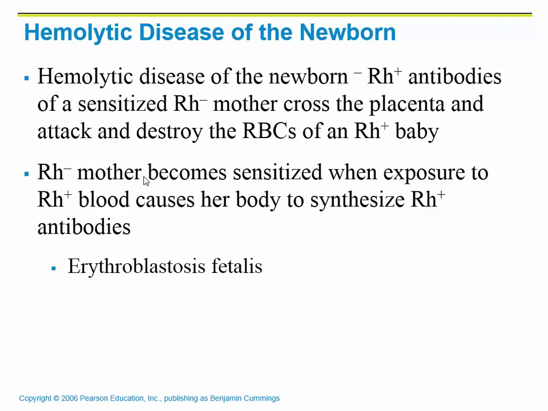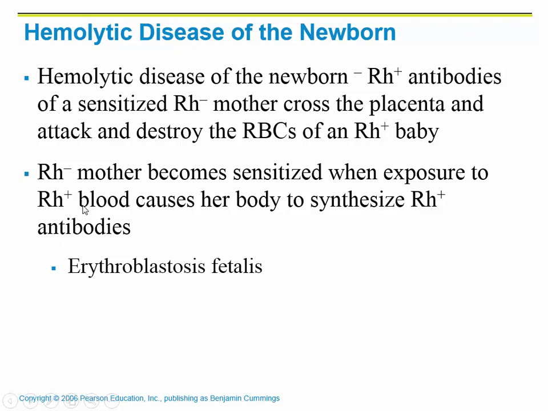There's always going to be some blood exchange between the fetus and the mom. The mother will produce antibodies, anti-Rh antibodies, so they don't like the Rh positive protein. With the first baby, the mother does not have any antibodies in the bloodstream, so she's not going to attack her baby.